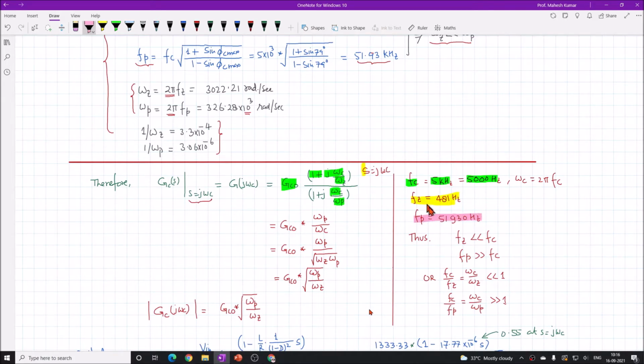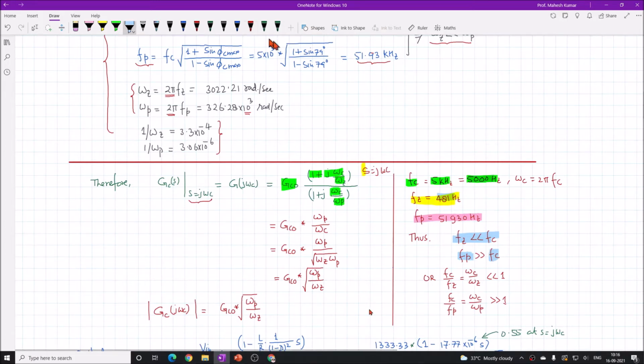That Fz is far less than Fc. If you see this particular equation, Fz is far less than Fc because 481 is less than 5000. And also the Fp, the location of the pole, is far away, or far greater than Fc.